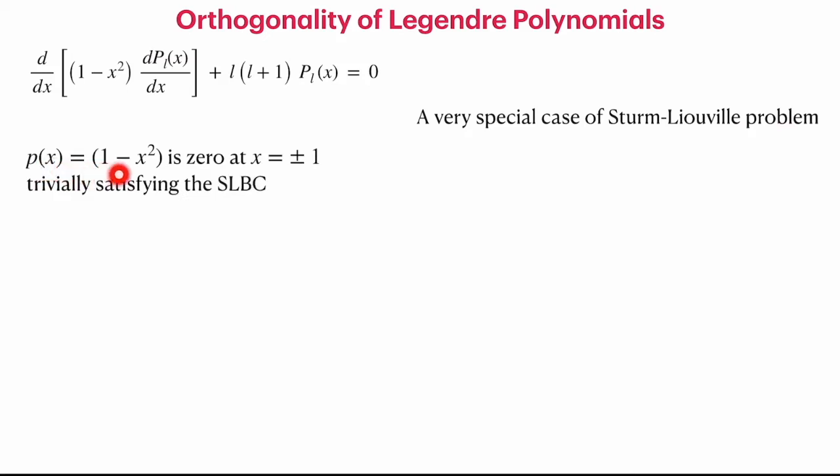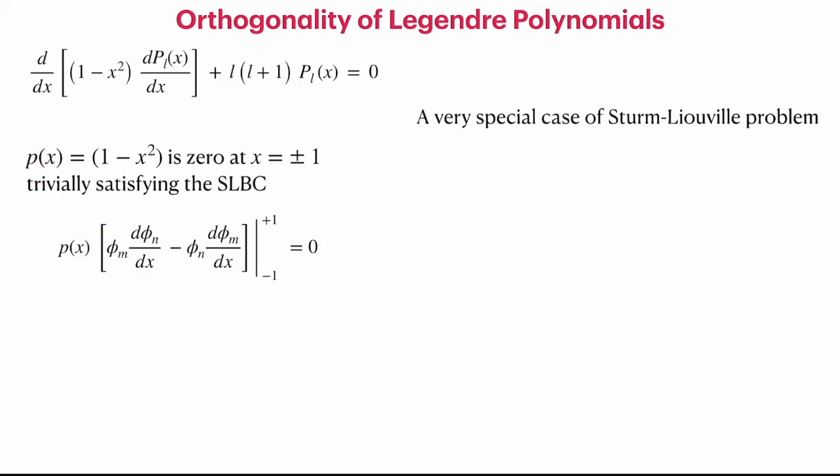Note that p of x, 1 minus x square, becomes 0 at x equal to plus or minus 1, and it trivially satisfies the boundary condition without worrying about the term inside, or the value of the function on the boundary or its derivative on the boundary. So it straight away satisfies the Sturm-Liouville boundary condition because p of x is 0 on the boundary.